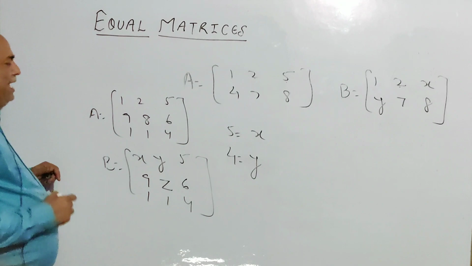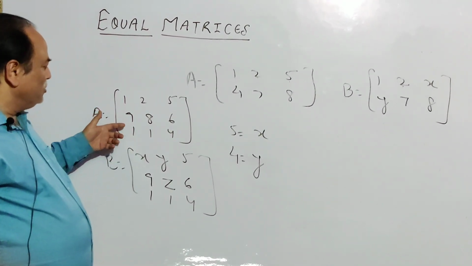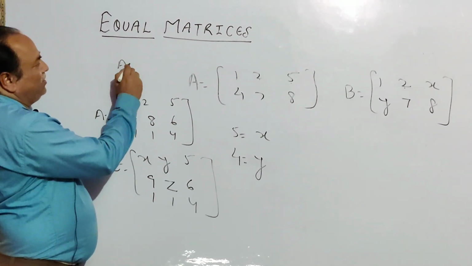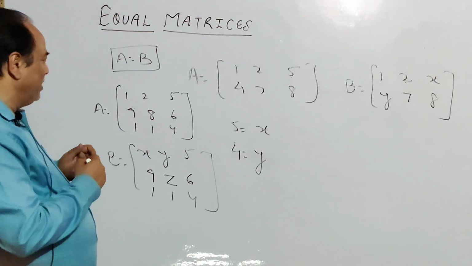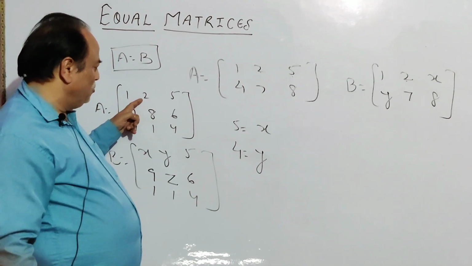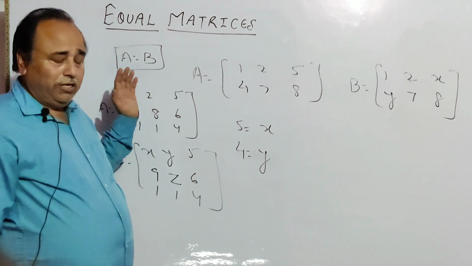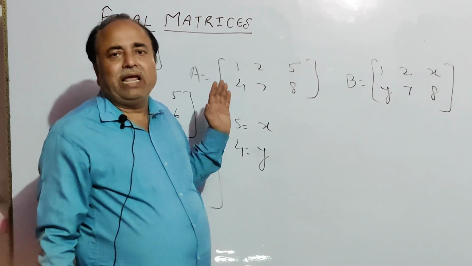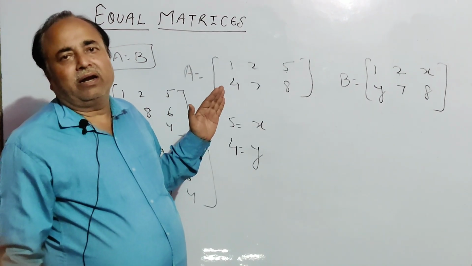Now see, A is equal to B because they are of the same order. And when A is equal to B, this implies that their corresponding elements are also equal. So the value of x is equal to 1, y is equal to 2, and z is equal to 8. So equal matrices are those matrices which have the same corresponding elements and the same order.